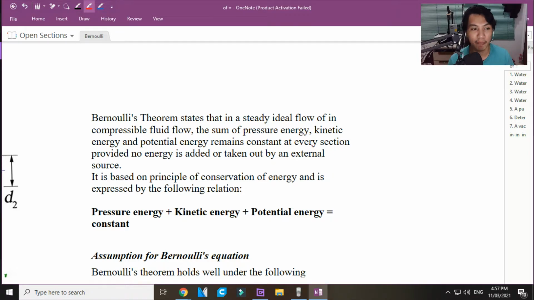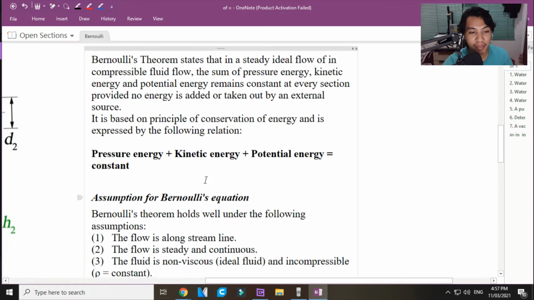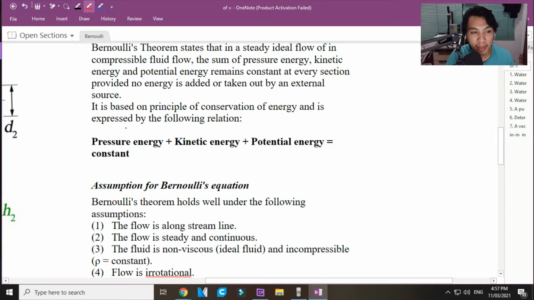It does not change, provided no energy is added or taken out by an external source. It is based on the principle of conservation of energy and is expressed by the following relations. I simplified this earlier: the potential energy, the kinetic energy, and then the pressure energy. Let's erase this. Just the pressure for this.